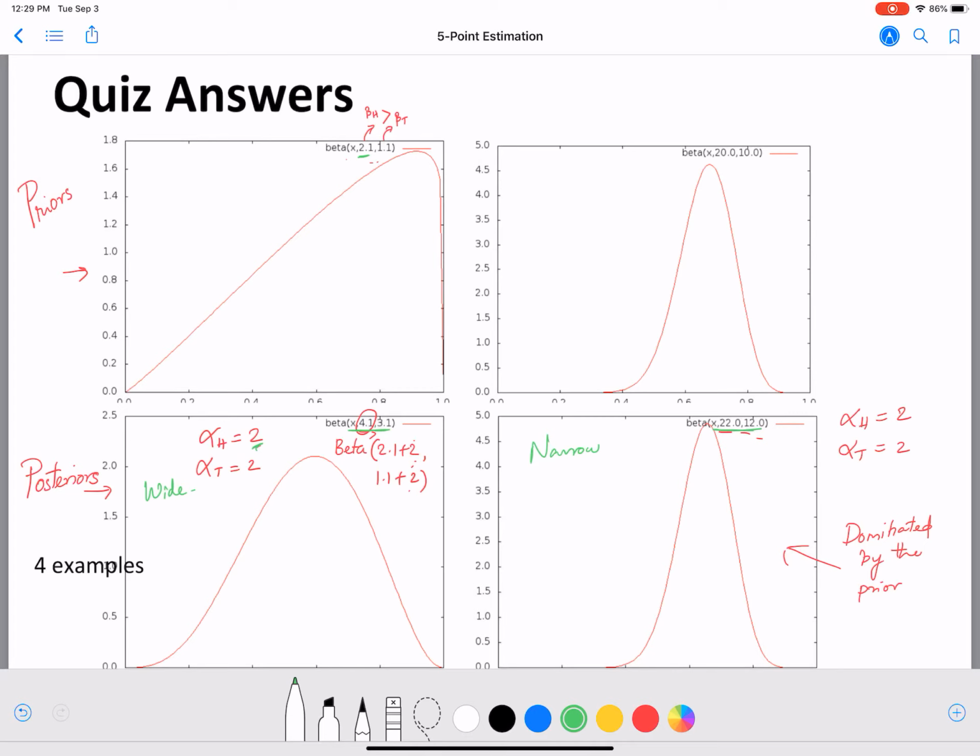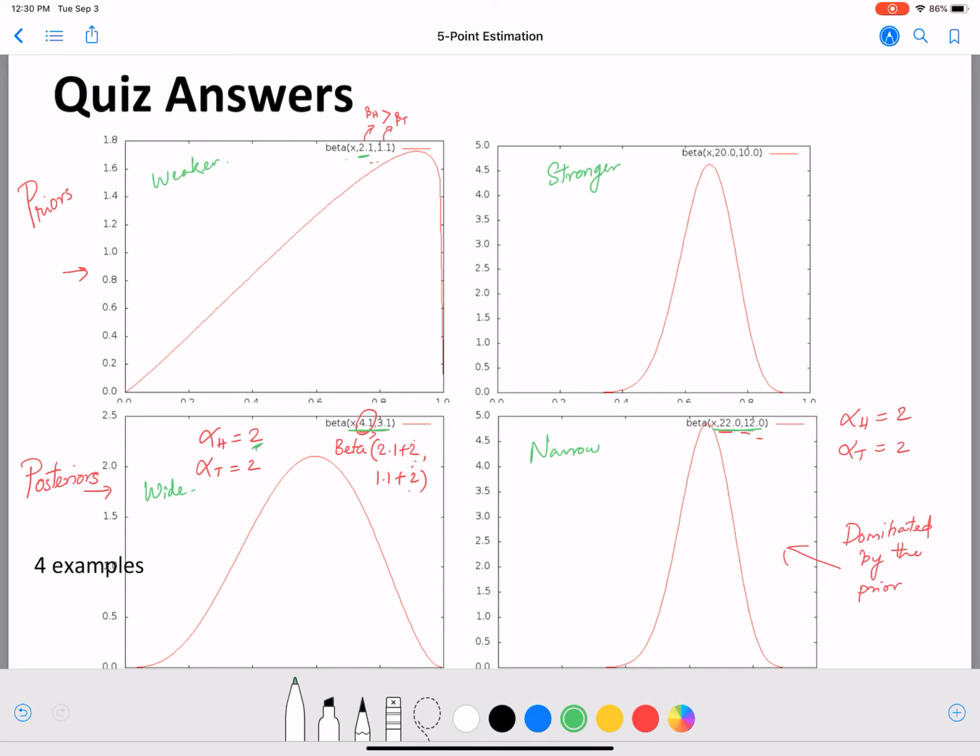So if they are higher and not equal, then it becomes narrower, and your value of estimation goes further away from 0.5, though the data clearly here suggests that it's close to 0.5. The prior plays a very important role, and it's further away from 0.5 when the prior is stronger. So which of these two priors is a stronger prior? Because the parameter values are higher, this is a stronger prior than this.